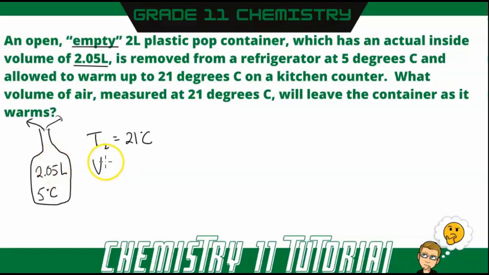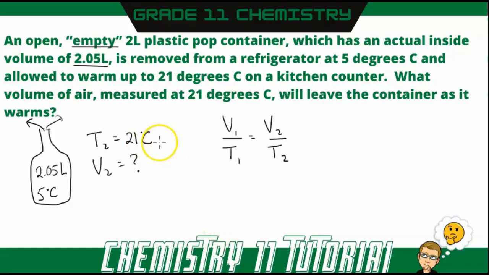As it warms, the air is going to expand and some air is going to be released. So let's try to figure out what that new volume is. Charles's law looks like V1 over T1 equals V2 over T2. Something important that we have to do here is convert degrees Celsius to the absolute Kelvin scale.